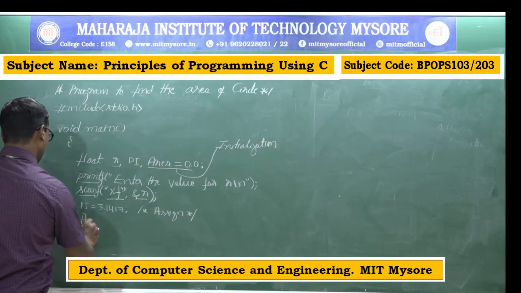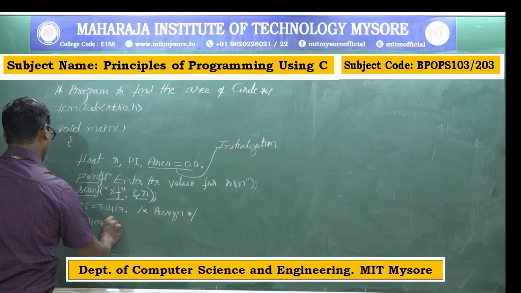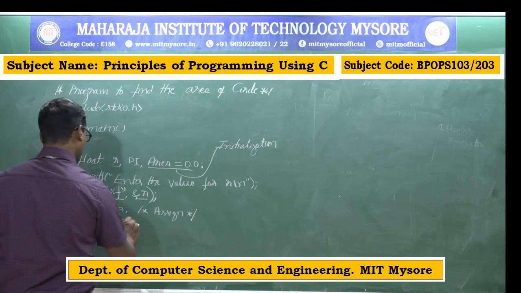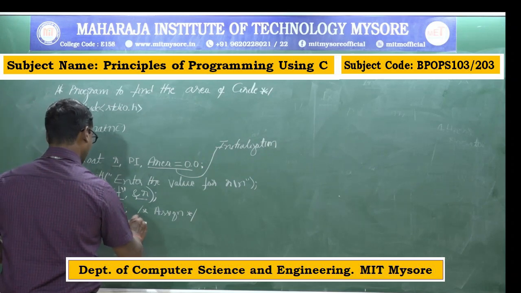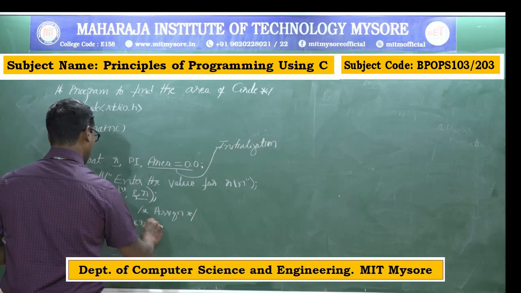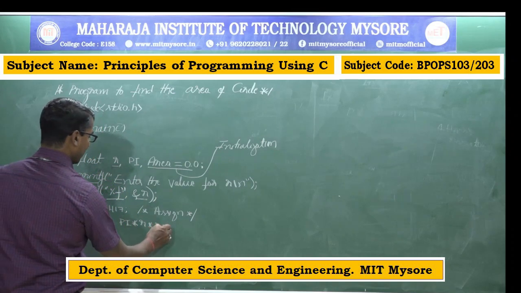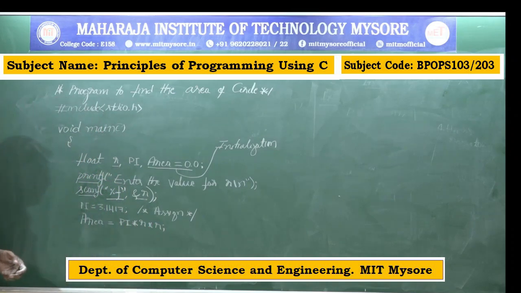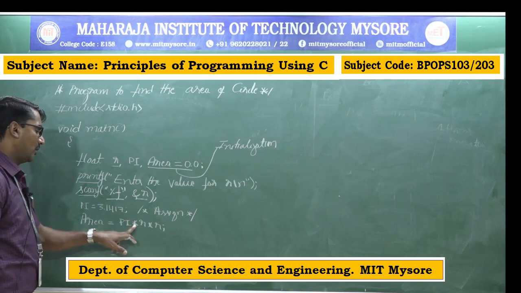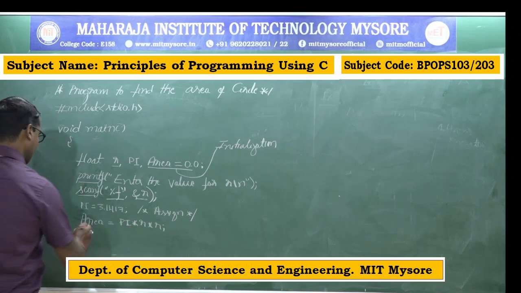Area is equal to pi into r into r. Here I am performing the calculation.